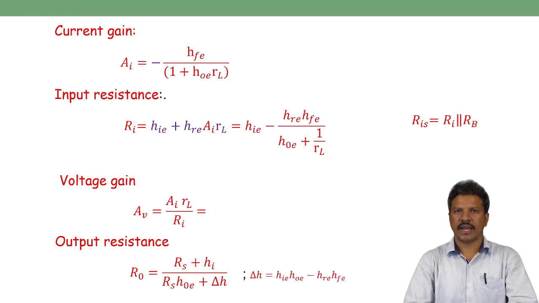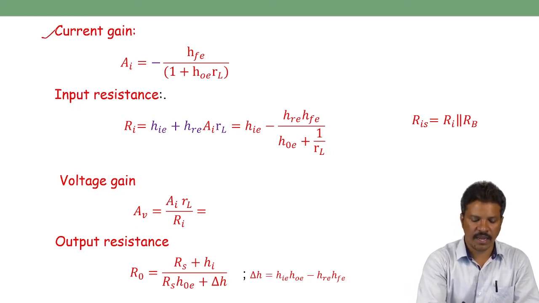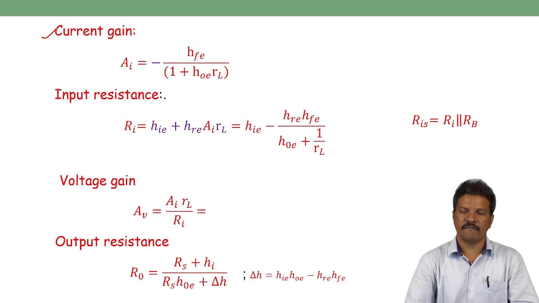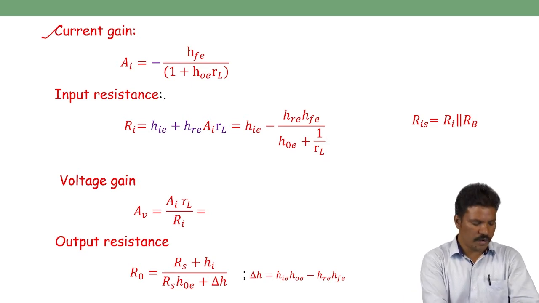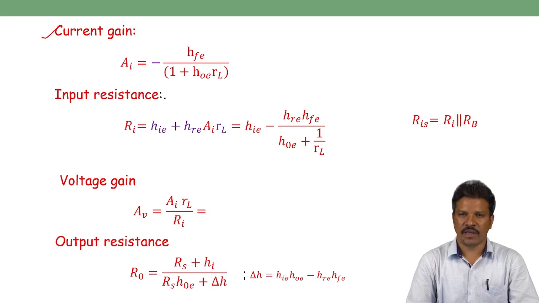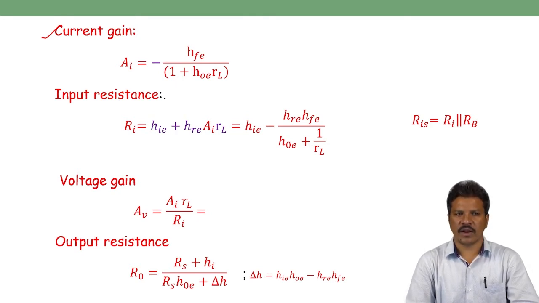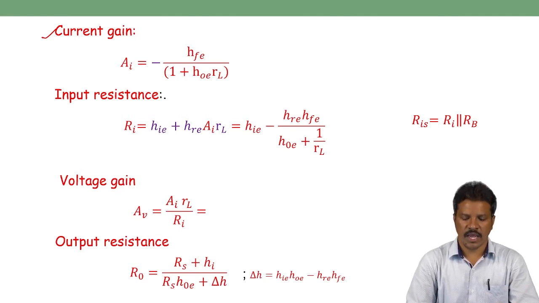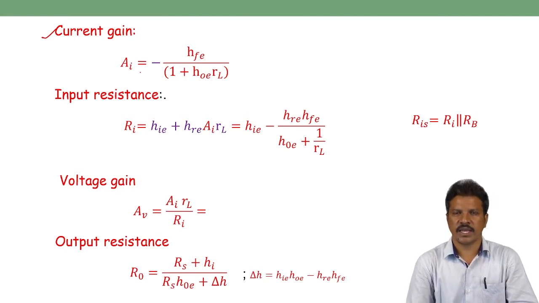First, current gain. What is the current gain for the common emitter configuration? When we connect the CE amplifier and its equivalent hybrid model, what is the current gain? We already calculated the transistor amplifier current gain formula: AI is equal to minus HF by 1 plus H0 into RL.